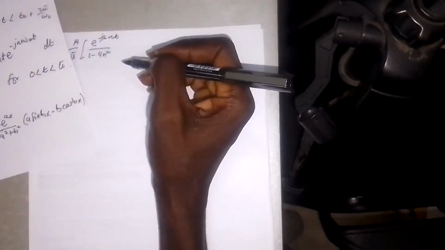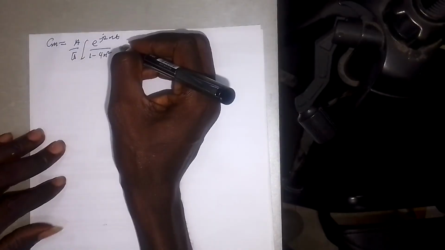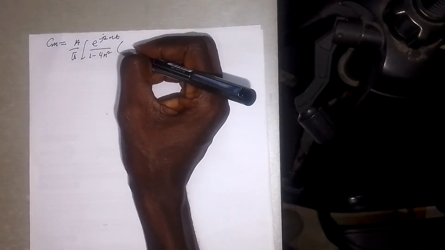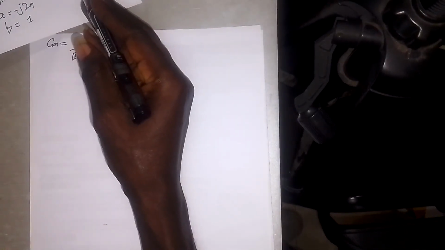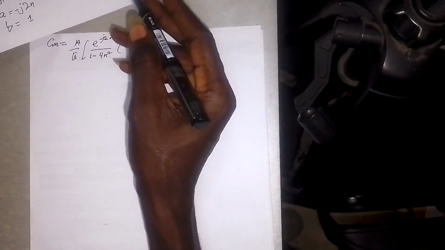Then from there we're supposed to have a sine bx, and what is a? a is minus j2n.